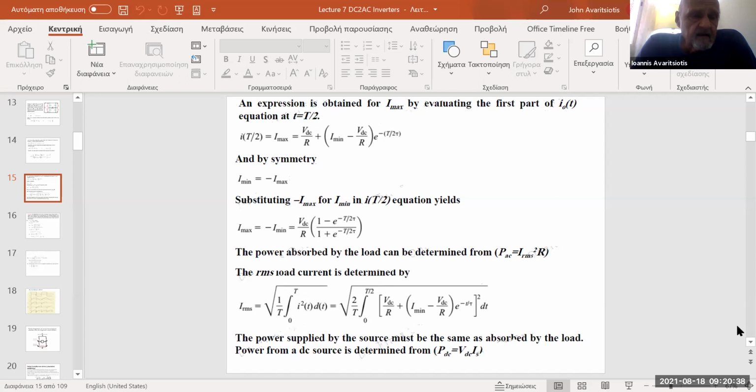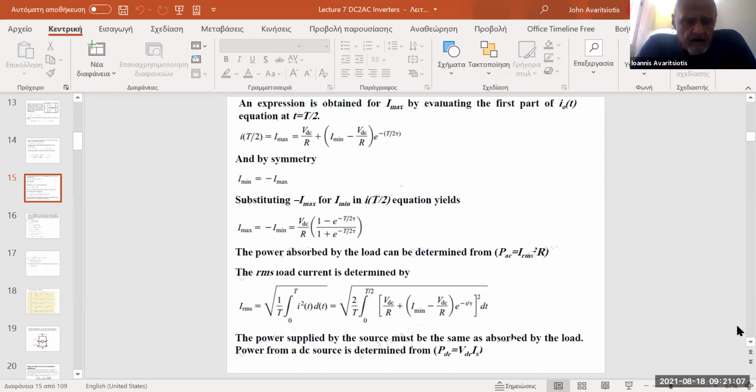Given that we have assumed that all elements in the circuit are ideal, in other words, we don't have any losses, we would expect that the power supplied by the source must be the same as the power absorbed by the load, which we just calculated.